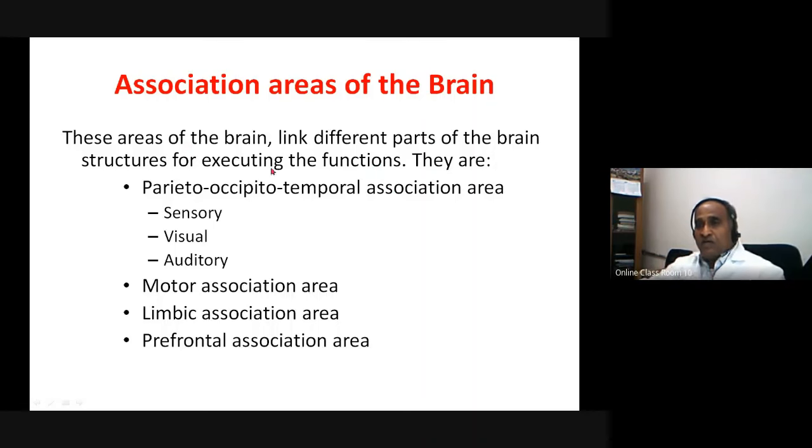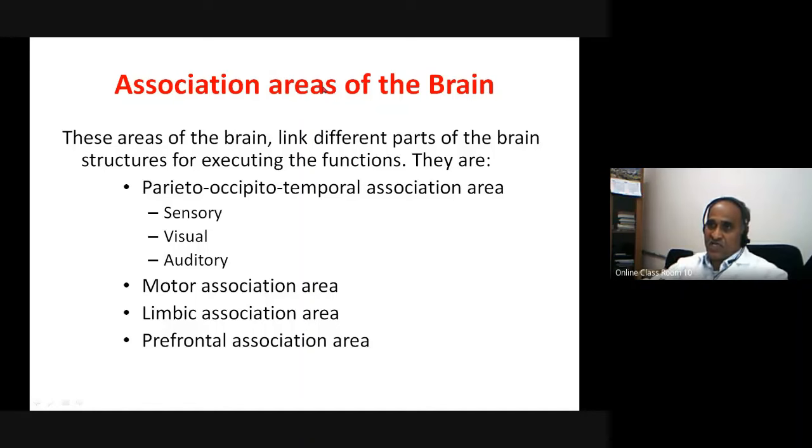In these association areas there is a storage of information. They define all the attributes, characteristics, or properties of a particular sensory, motor, or any type of modality. So that will be processed.